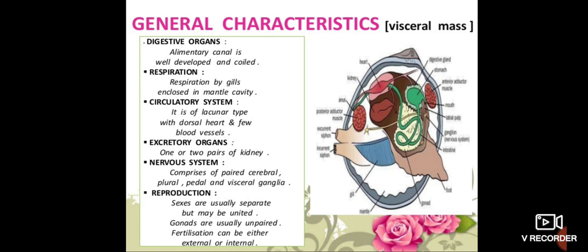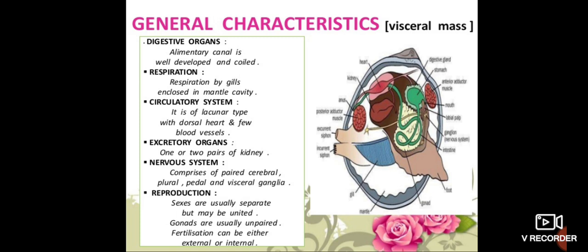Within the viscera, the digestive organs have an alimentary canal which is well developed and coiled. For respiration, the organisms have gills enclosed in a mantle cavity. Circulatory system is lacunar type with dorsal heart and few blood vessels.